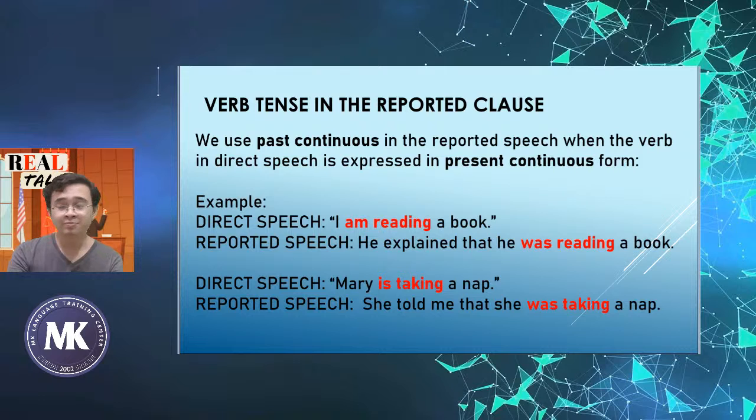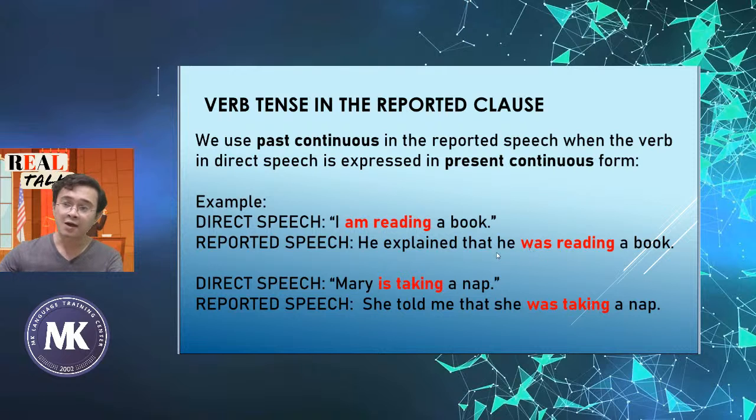So guys, be careful. Whenever you want to check the be verb of your continuous tense, you need to make sure that this be verb also follows the rule of subject-verb agreement.